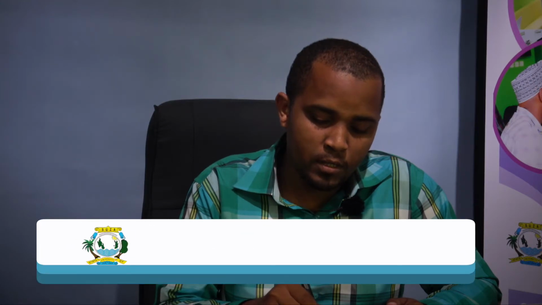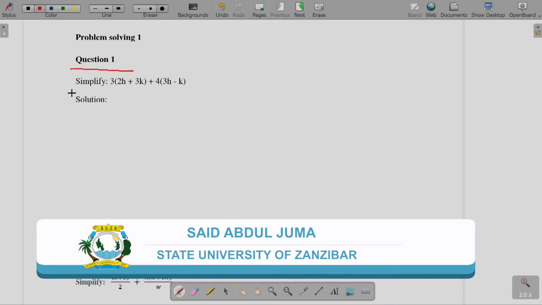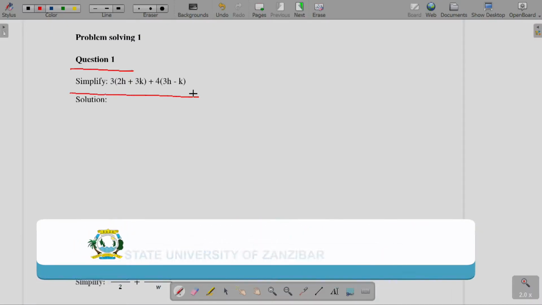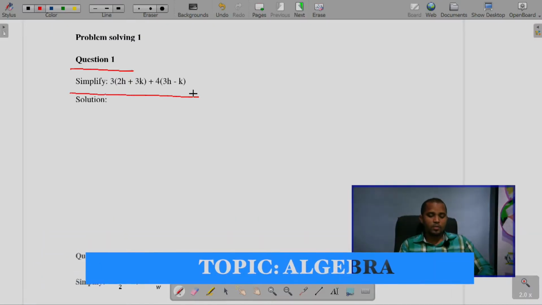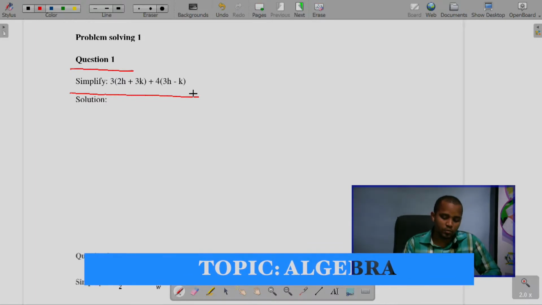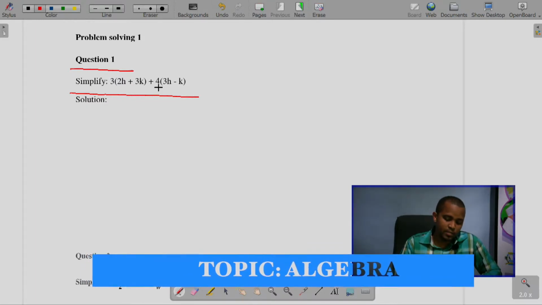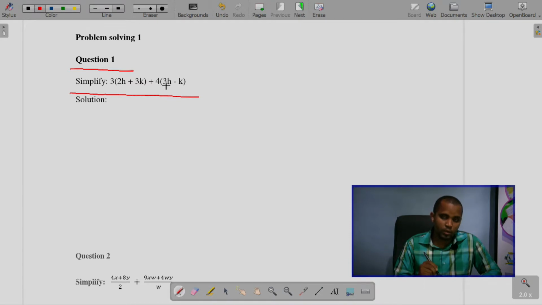So question number 1. We are given this example, and we are required to simplify. Dear student, in order to simplify this expression, we are required to follow the following steps.